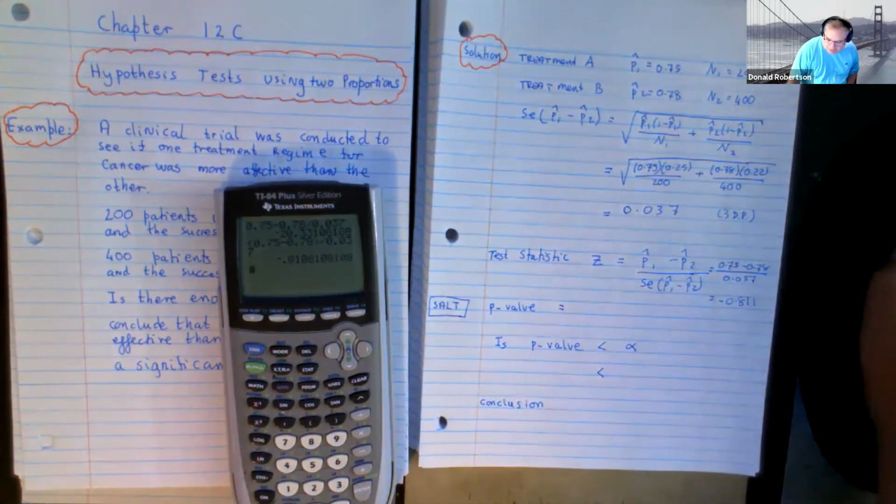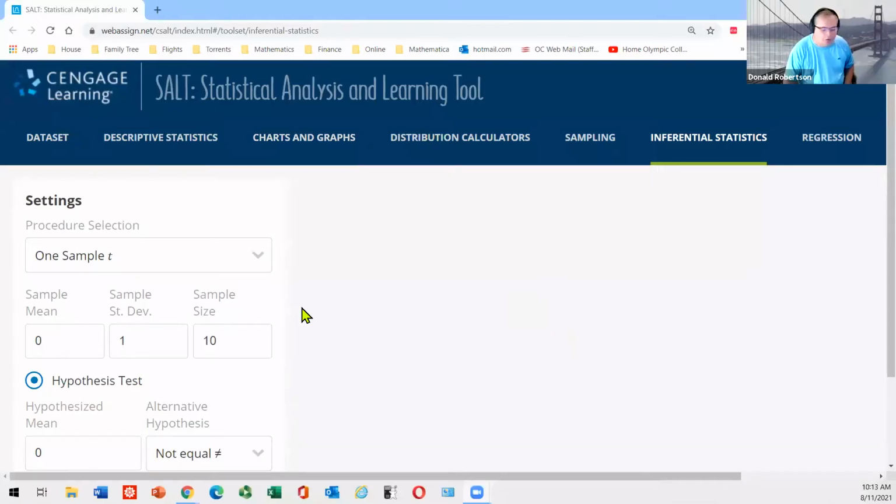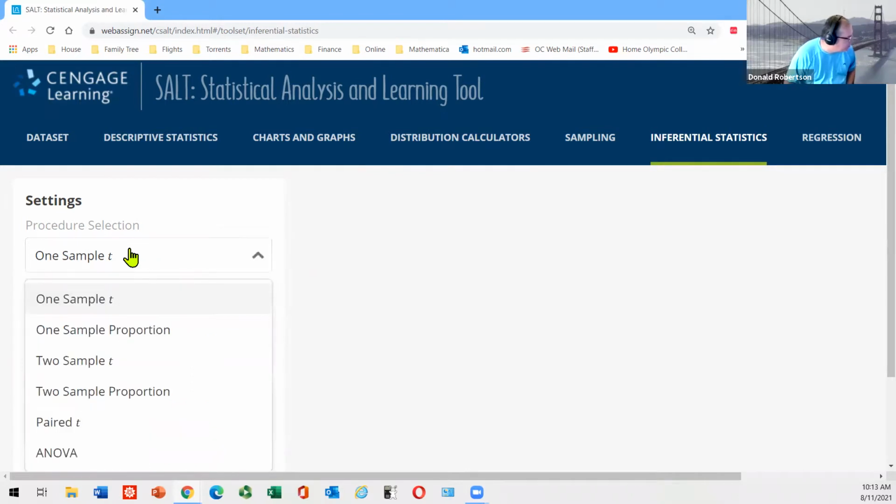Okay, so let's put that information into SALT so we can get the p-value. So with a bit of luck, you are looking at SALT. Is that correct? Yeah. Okay, so in this particular one, isn't it 2 sample proportion?